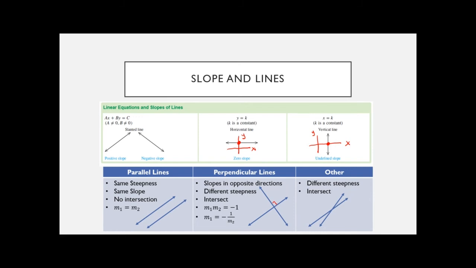You can't just eyeball it on a graph, because you could have lines that are almost perpendicular. Perpendicular would be 90 degrees, maybe it's like 89 degrees. If you eyeball that, you'll say, oh yeah, that looks perpendicular, but maybe it's not. So you have to actually see, do their slopes multiply to -1? Those are some special properties of slopes and how they're related to different types of lines, parallel, perpendicular, that sort of thing.